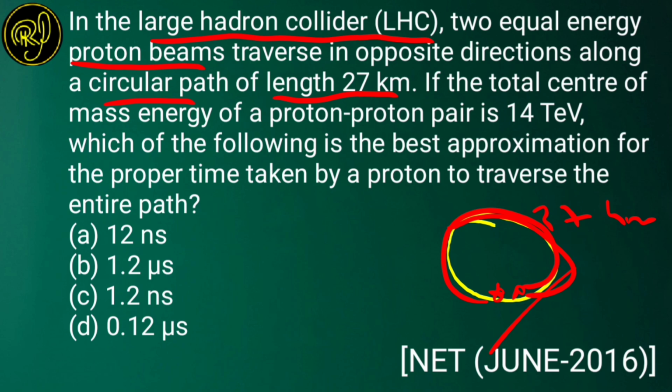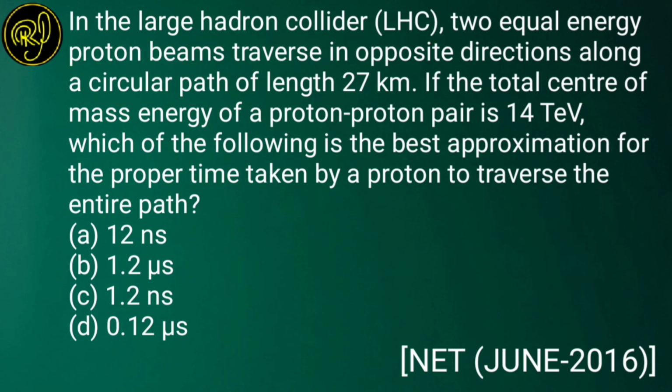Now the question is saying that if the total center of mass energy of a proton-proton pair is 14 tera electron volt, which of the following is the best approximation for the proper time taken by a proton to traverse the entire path?